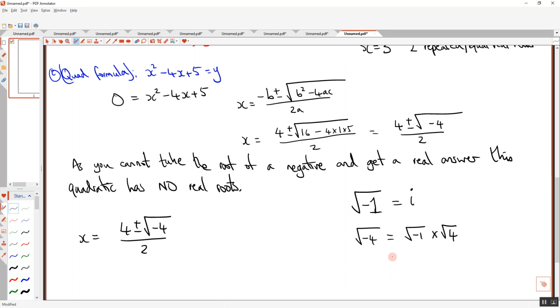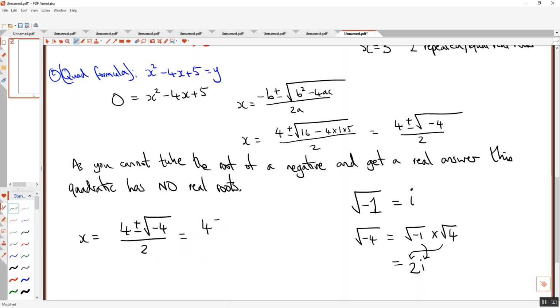So the square root of negative 4 is actually what? 2i, good, because the square root of 4 is 2 and the square root of negative 1 is i.